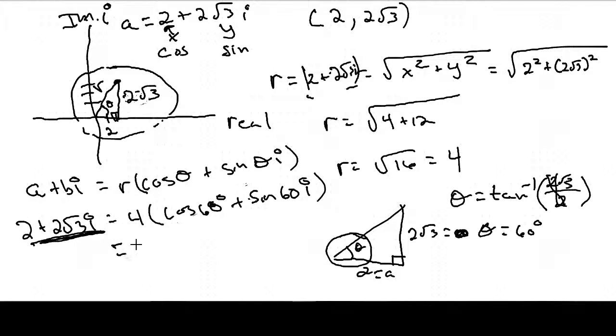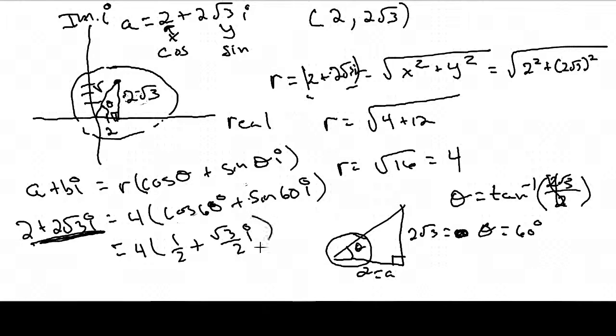I'm going to take 4 times, what is the cosine of 60 on your unit circle? Yeah, 1/2. Plus, what is the sine of 60? √3/2.